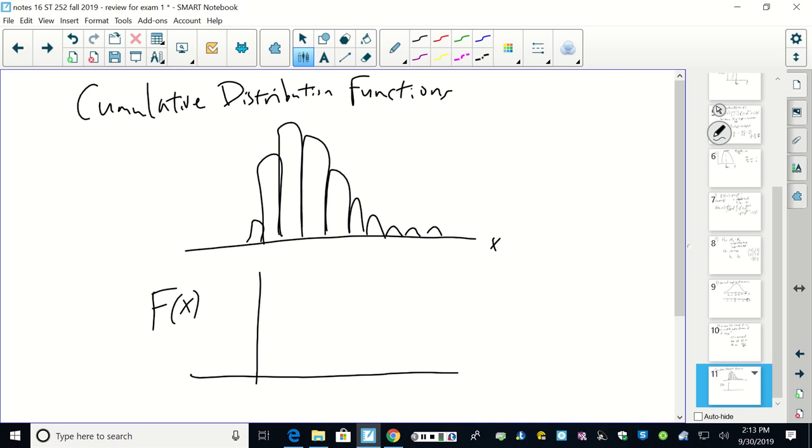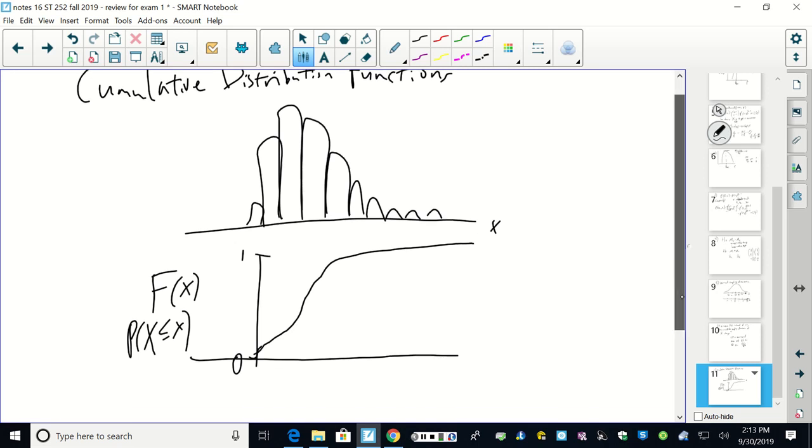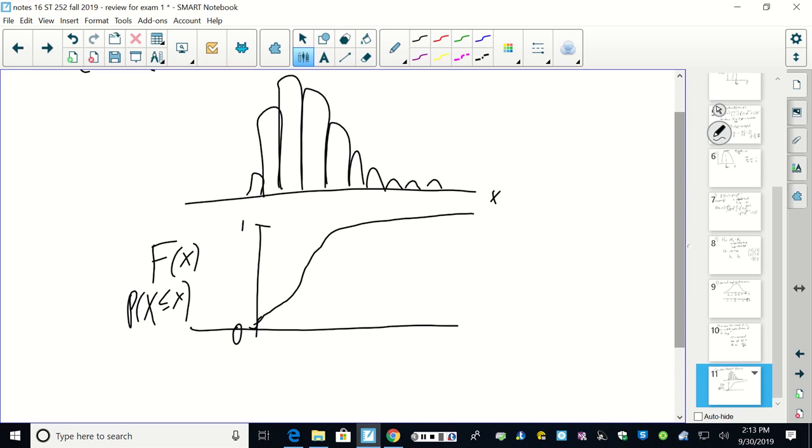And this thing kind of starts out, then comes up a little bit faster, and then goes out slowly, up to 1. It's the probability that x is less than or equal to some value. So it's possible to use a cumulative distribution function. Let's say you did 10,000 bootstrap samples. I could do the cumulative distribution of those, corresponding to a histogram, and say, where's the 95% interval?